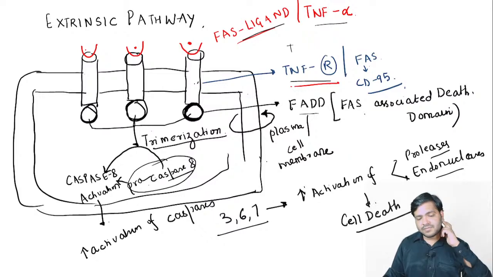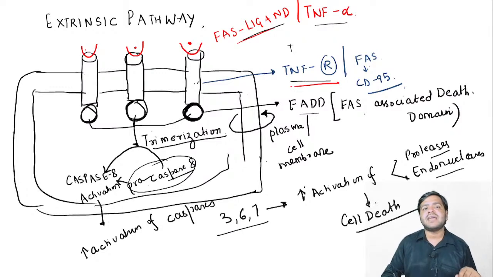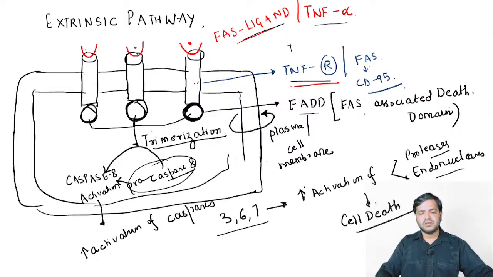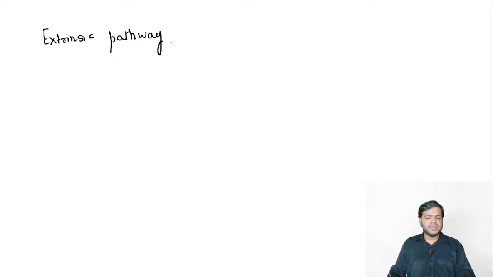So just give me a thumbs up, guys, that you all understood this. Before that, just answer me, two questions. If we are talking about the extrinsic pathway, what is the initiator caspase in this particular pathway?